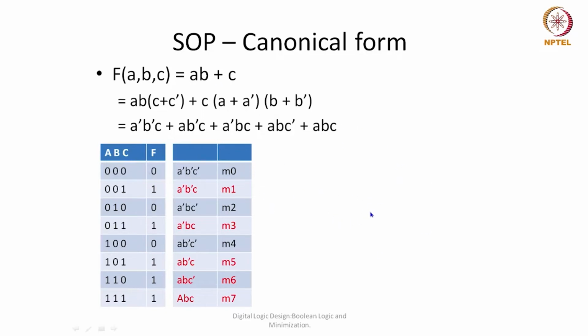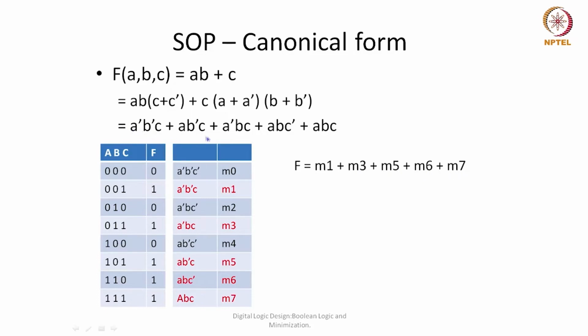So the whole expression, that's why in a canonical form we can also write it like a function. This f is equal to min term 1 plus min term 3 plus min term 5 plus min term 6 plus min term 7.